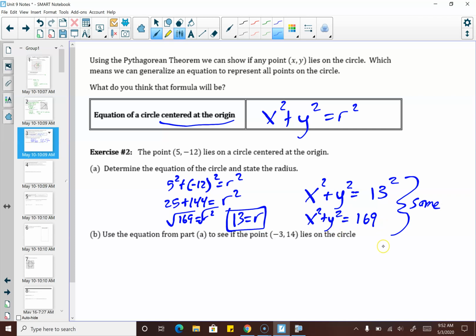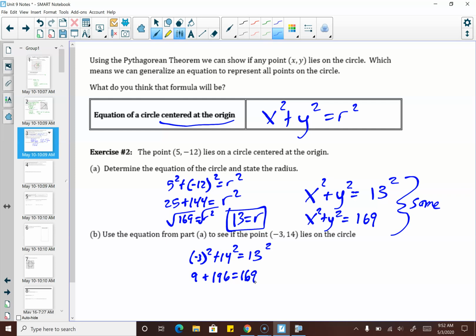All right. Use the equation from part A to see if the point (-3, 14) lies on the circle. So negative 3 squared plus 14 squared equals 13 squared. Now, as I look at this, the fact that there's a 14 squared on the other side and it's equal to 13 squared, I'm going to venture a guess that the answer is probably no, but let's do the math just to make sure.